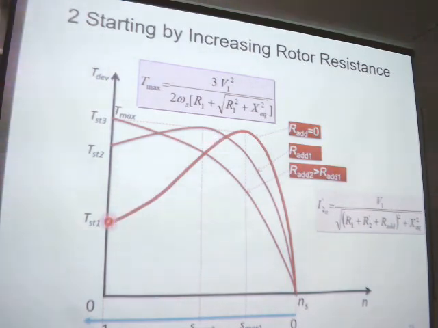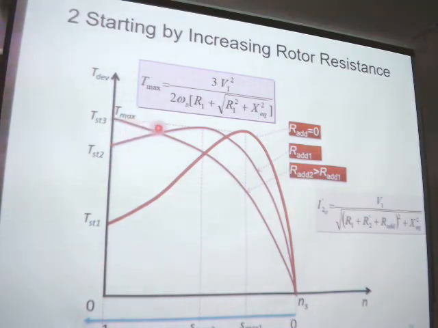The starting torque goes from this one to this one. So if we add the resistance, we will have larger starting torque. So the torque is also good.